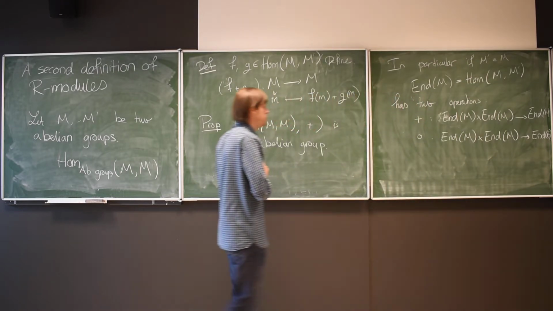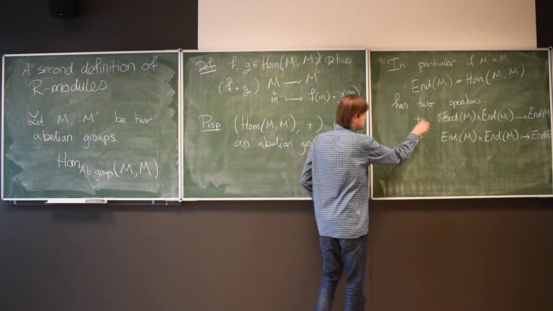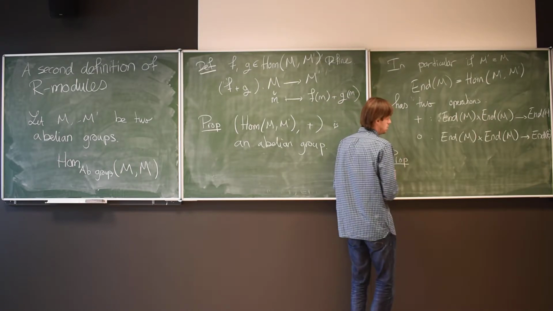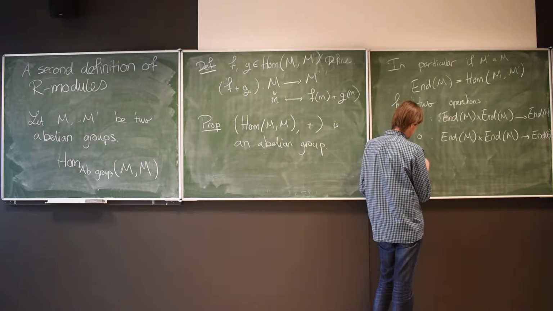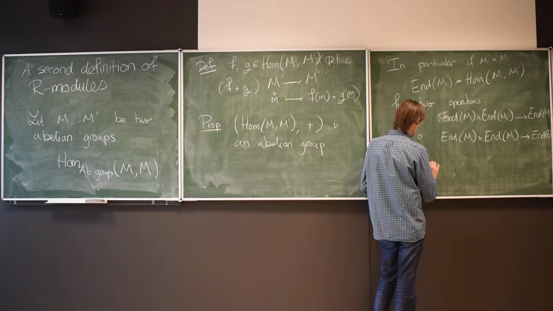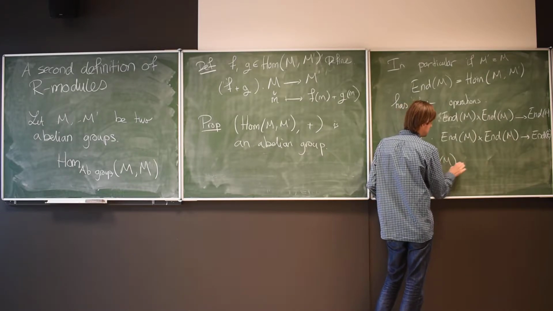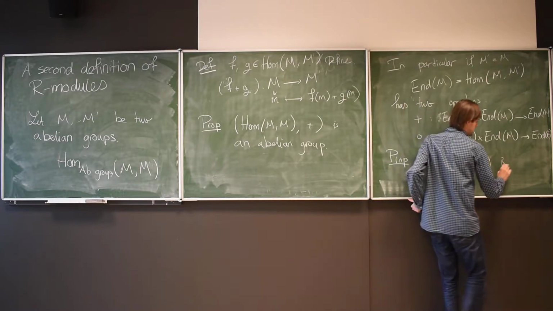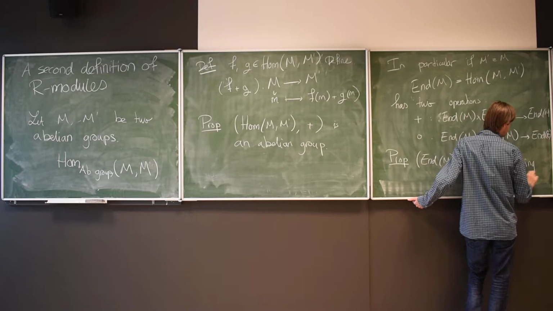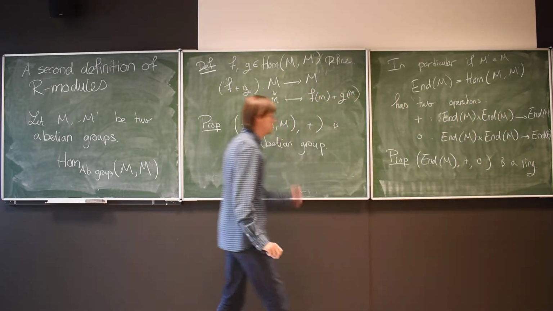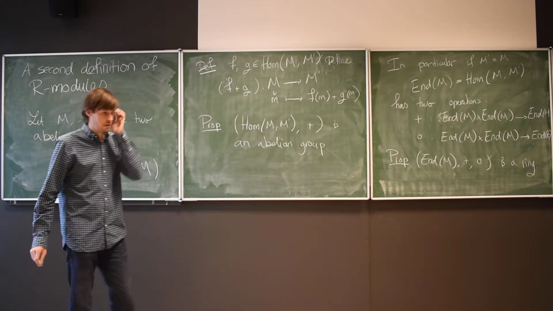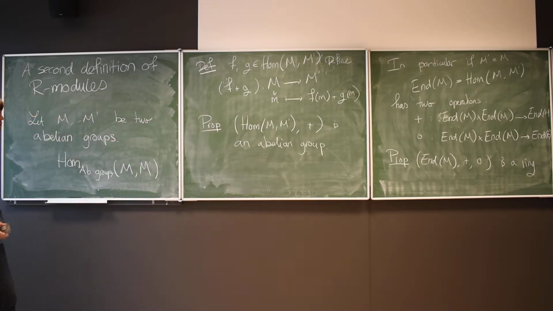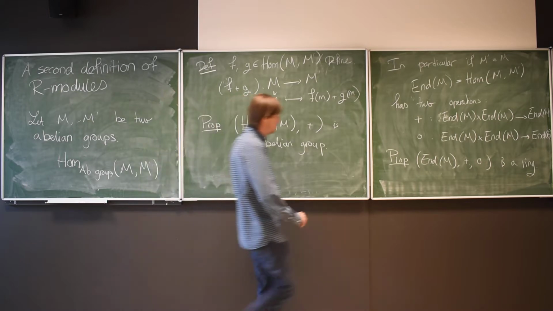So actually, in the category of abelian groups, endomorphisms have two operations, and you can show very easily that the set End(M) together with plus and circle is a ring. It's not commutative usually, so maybe I give an example.